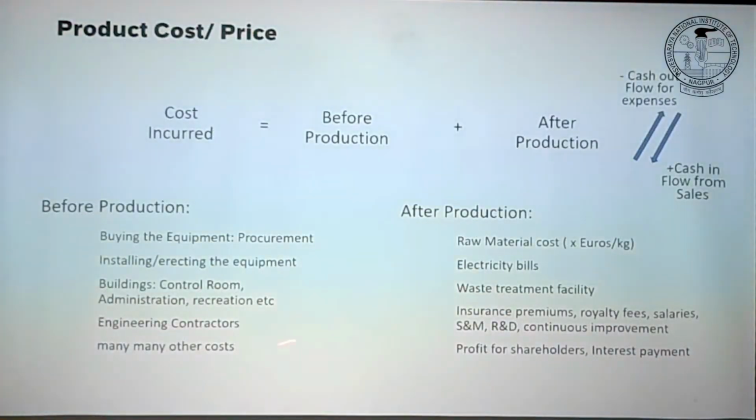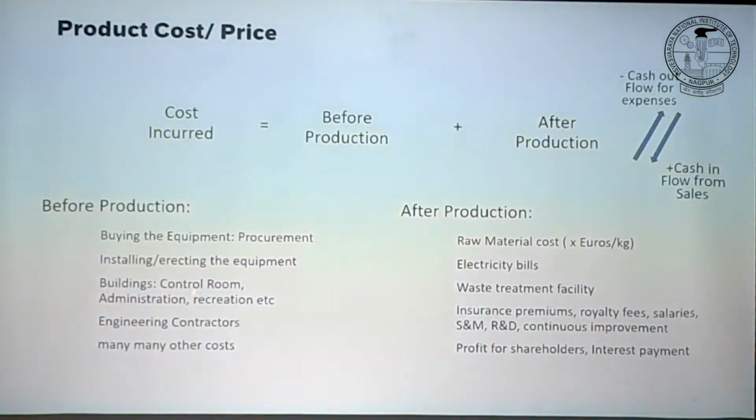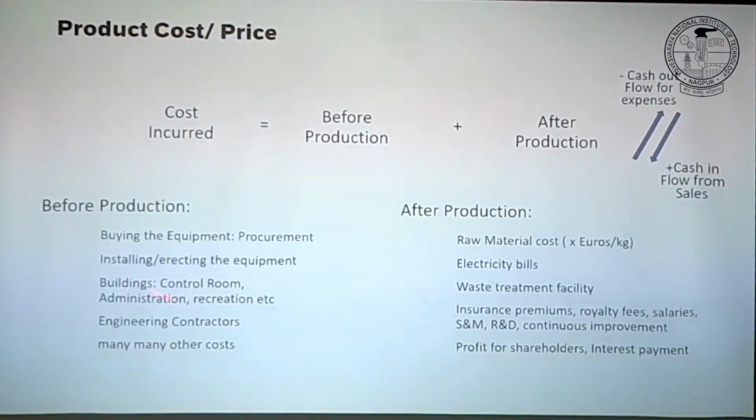So a lot of civil work, a lot of cost incurred here: buildings, control rooms, all kinds of buildings. You have to pay contractors to perform these tasks, because you cannot do everything. And there are many other costs, which we'll probably see later.